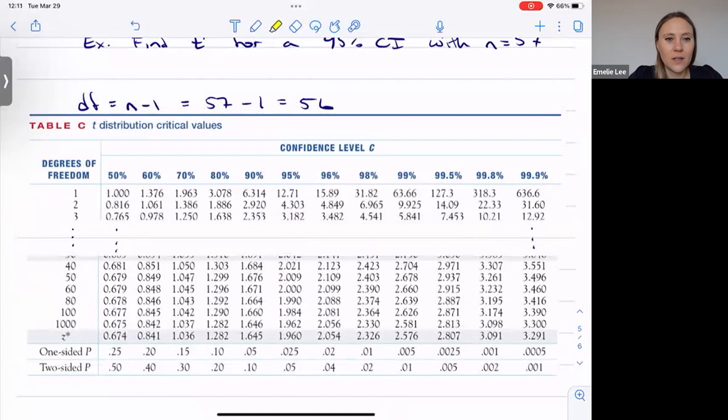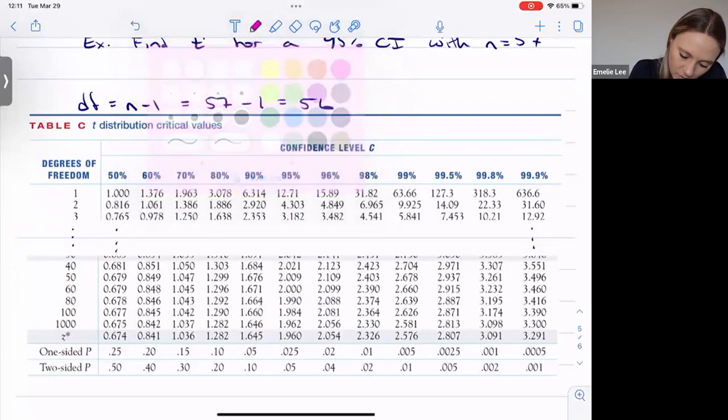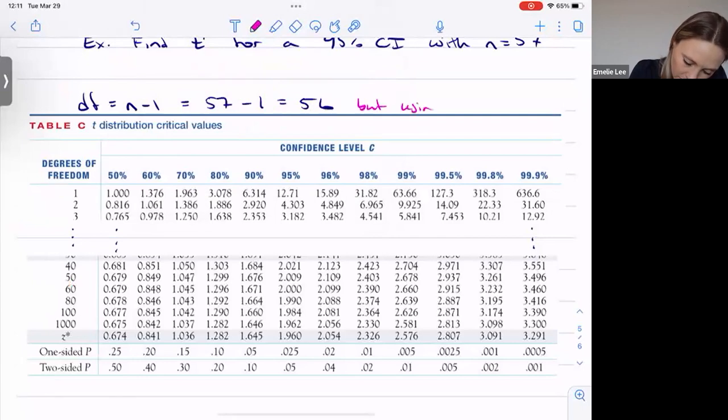So now, if we have 56 degrees of freedom, I go to my table and I'm trying to choose. What we just decided was I'm going to have to use 50. So if I can't just use these degrees of freedom straight out of the bag, then I have to say that, but using degrees of freedom equal to 50. So that means that I'm stuck on this line here. And what am I doing?